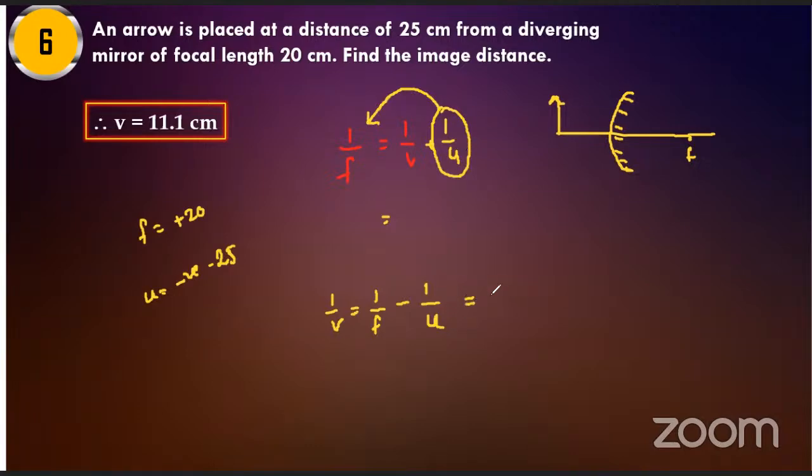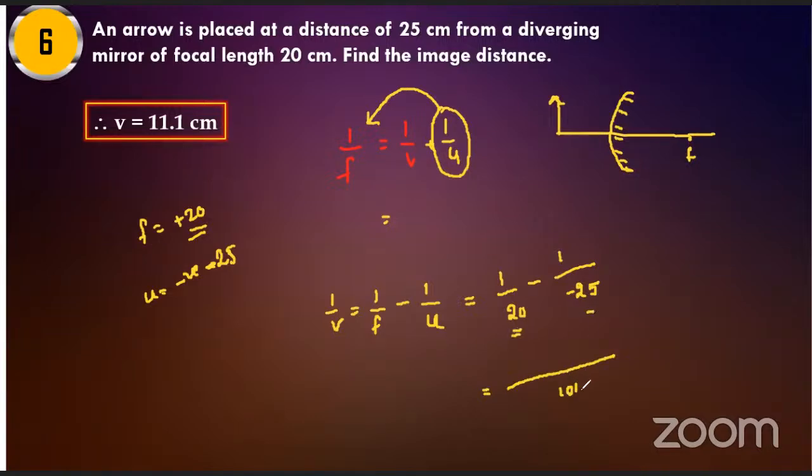Substitute the values. 1 by F is 1 by 20, minus 1 by U is minus 1 by minus 25. What is the LCM of 20 and 25? 100. Very good.